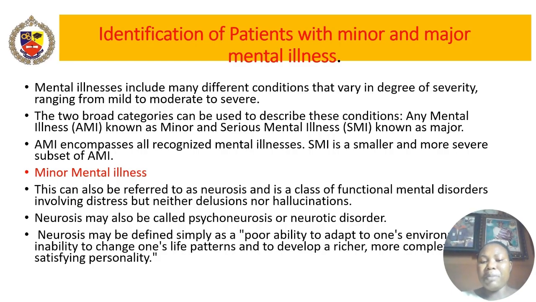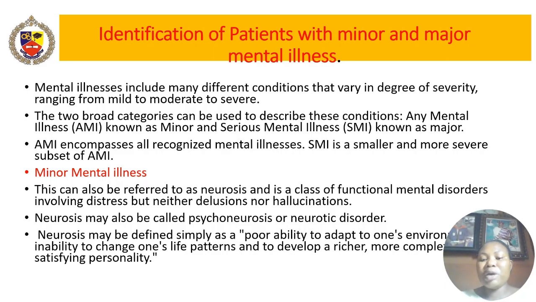When we talk about minor mental illness, know that from the class, we classify it into minor and major mental illness. Minor can also be referred to as neurosis. This is a class of functional mental disorders which involves distress but neither delusions nor hallucinations.